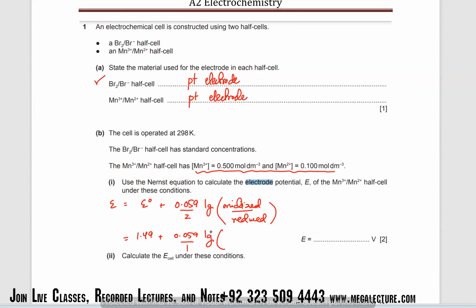Oxidized is the one that is formed after oxidation. That's the Mn3 plus, that's 0.5. Reduced species is the one that's formed after reduction. That's Mn2 plus, so that's 0.1. So basically it's 5, take log 5. So 1.49 plus 0.059 log 5.